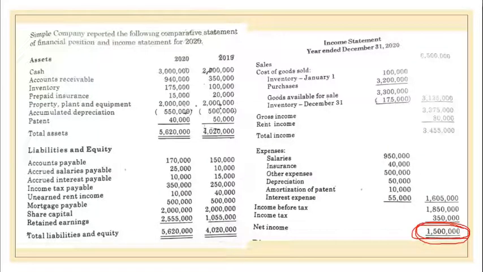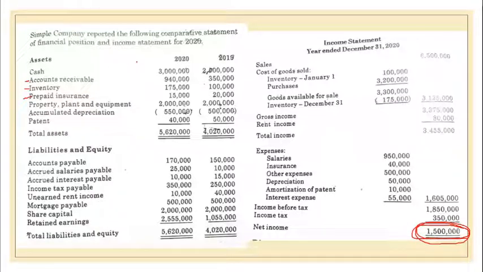So, meaning, you look at your statement of financial position. As you can see here, what are your non-cash current assets? You have your accounts receivable, inventory, and your prepaid insurance. Right? Those are your non-cash current assets.